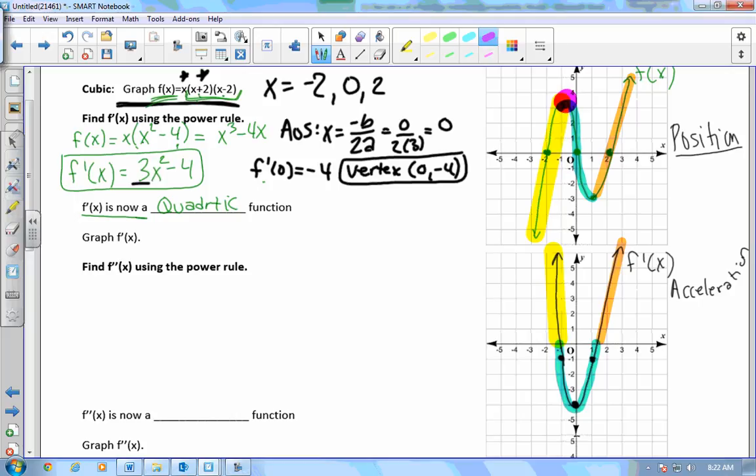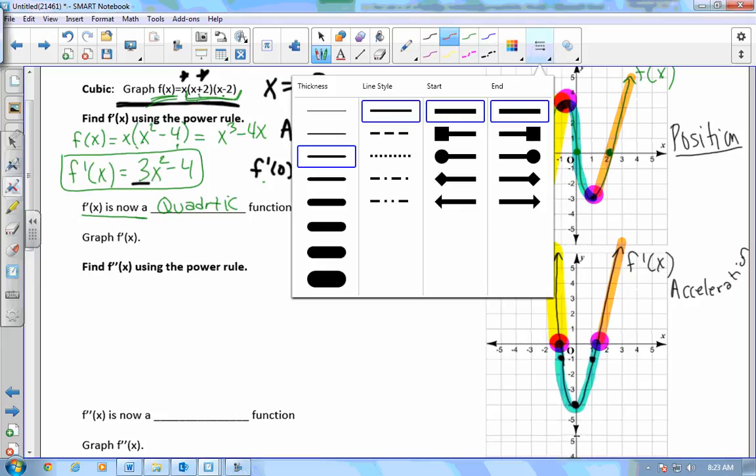That maximum will always be your x-intercept. The minimum, because that's when you're changing from increasing to decreasing, right? That's when you're changing from positive to negative. Those will always be your x-intercepts of the derivative.